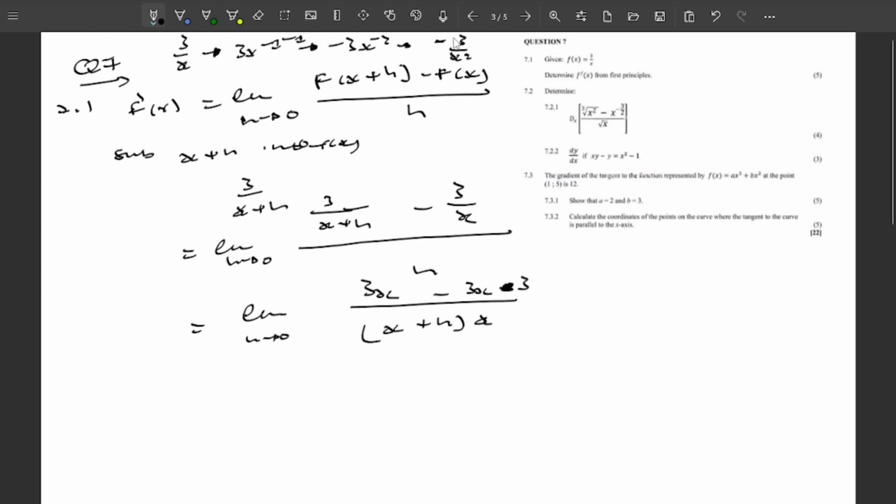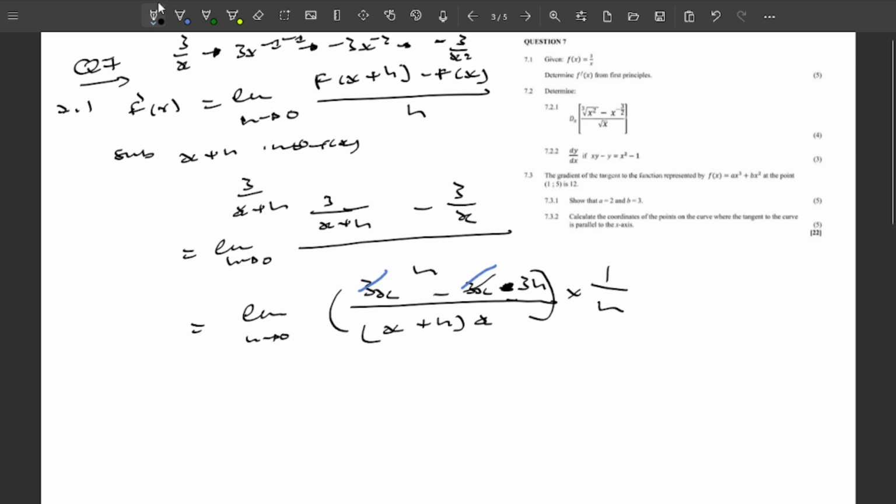The reason I say minus 3h is because of this minus. This 3x and this 3x cancel each other, and I'm left with 1 over h. Don't forget about it.